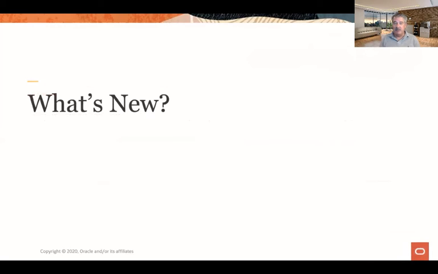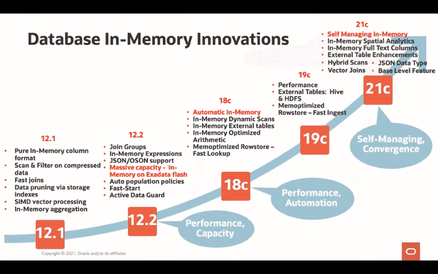So let me talk just briefly about what's new. Database In-Memory was first introduced with 12.1.0.2, the first patch set of 12c. We enhanced it significantly in 12.2, 18c, 19c, and then 21c. Database In-Memory is an actively developed product. We've added additional performance enhancing features, and we're really working hard on making the column store easier to manage.